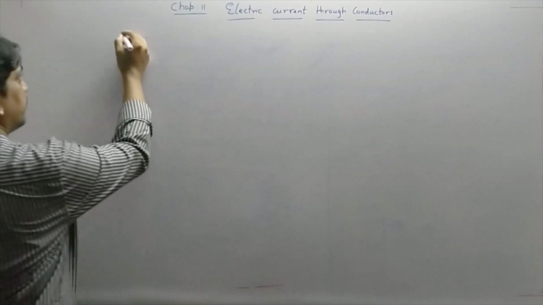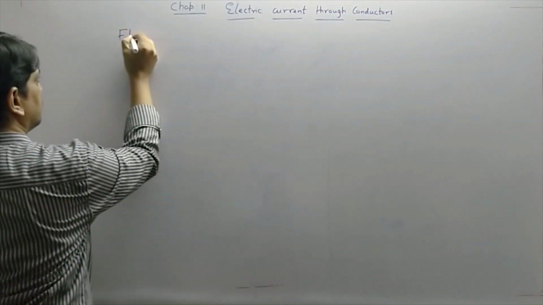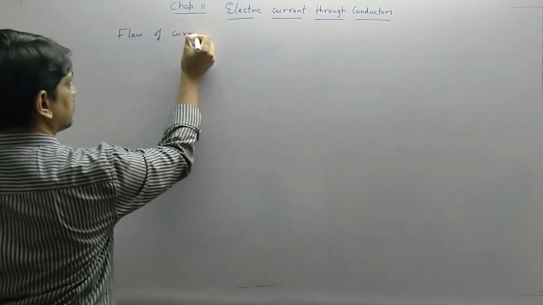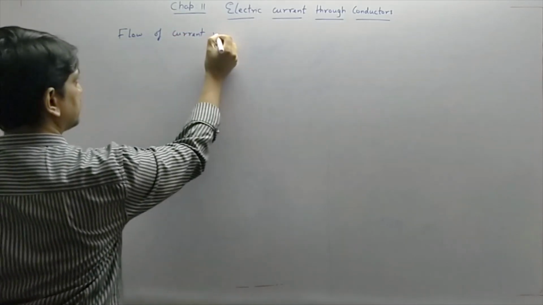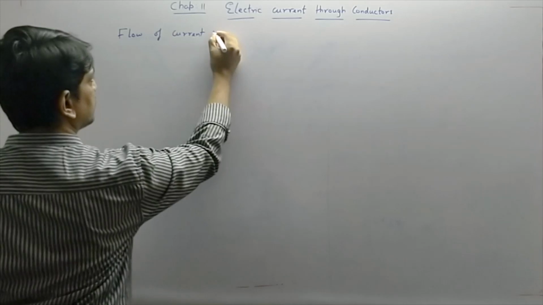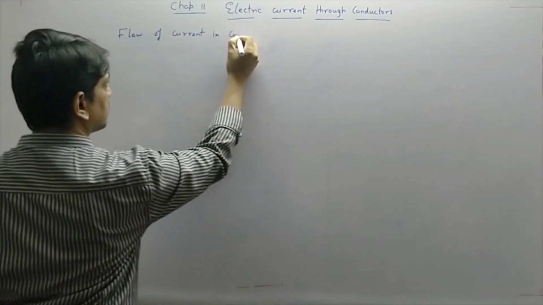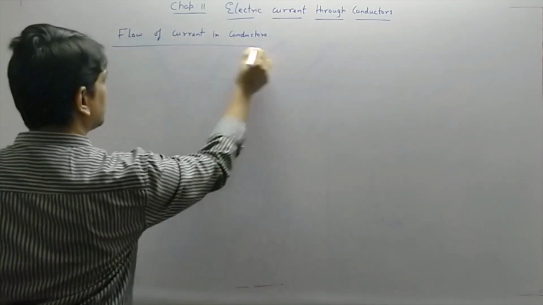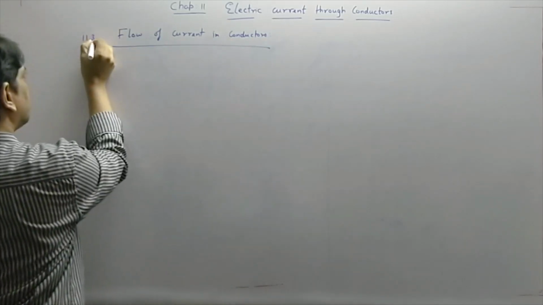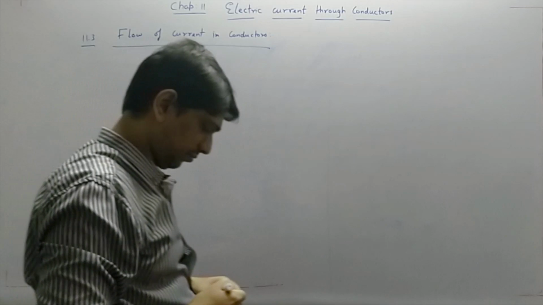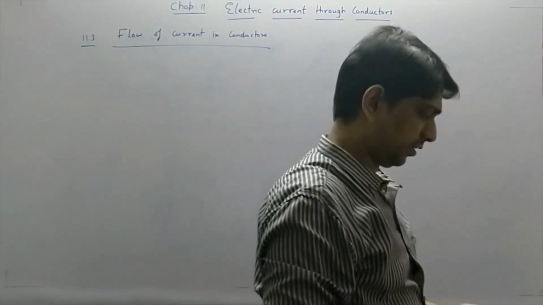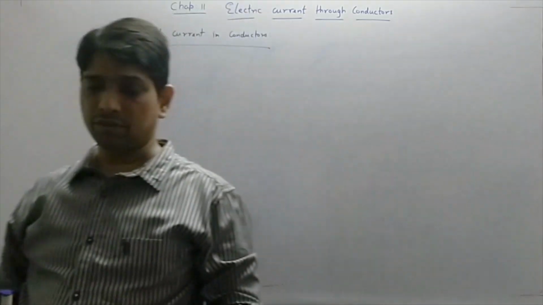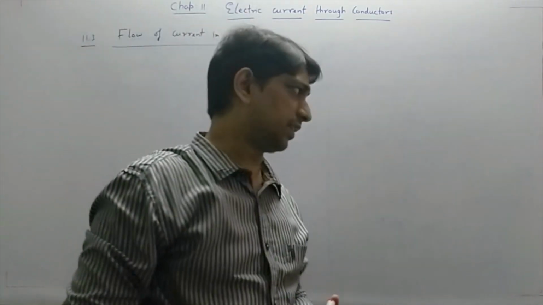Next is flow of current in conductors, that is 11.3, flow of current in conductors. What is there in this topic? We have seen that the flow of current in gases is due to positively charged ions and negatively charged particles.